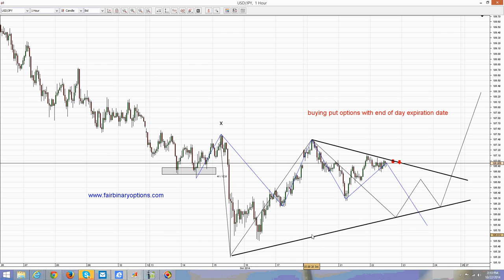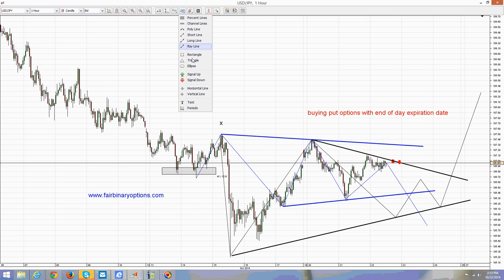And of course, on the other scenario, we have here the B to D trend line, which is about to be tested like this. Let's make it blue. And the A and C one from here to here. And normally we should again head lower, either to this trend line here or to this trend line here.